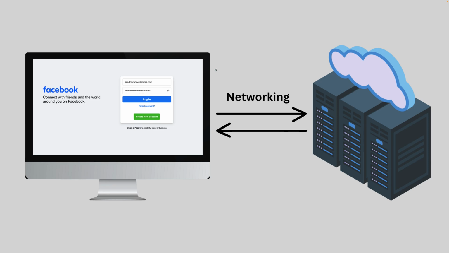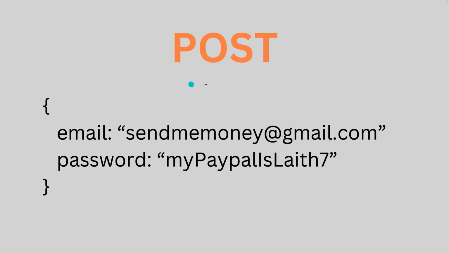So let's just go through our example. This machine wants to make a POST request to the Facebook servers. Inside of the POST request, our data is going to live. So in the request body, we're going to have our email as well as our password.